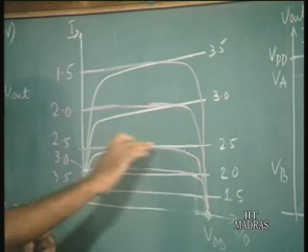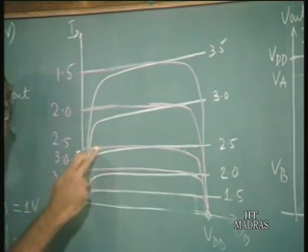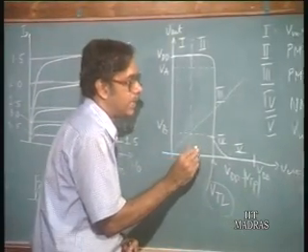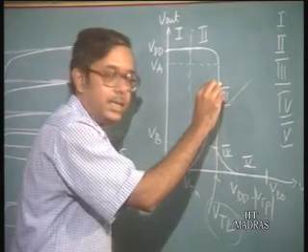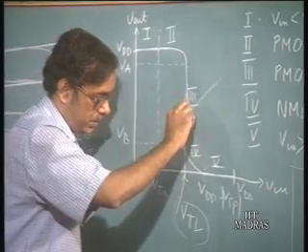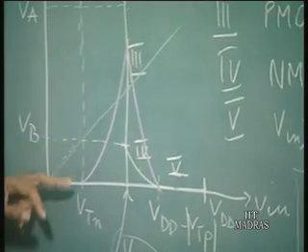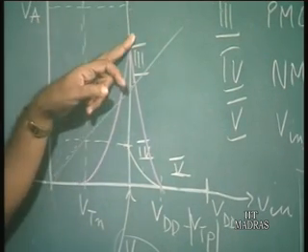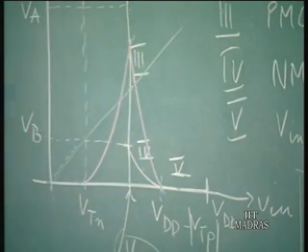In this region around 2.5 volts, where both the transistors are in saturation, the current is maximum. So, if we plot the current, it will be something like this. It reaches a maximum at this point, and again falls to 0. So, the current is 0 on this side, maximum at this point, and again goes to 0.